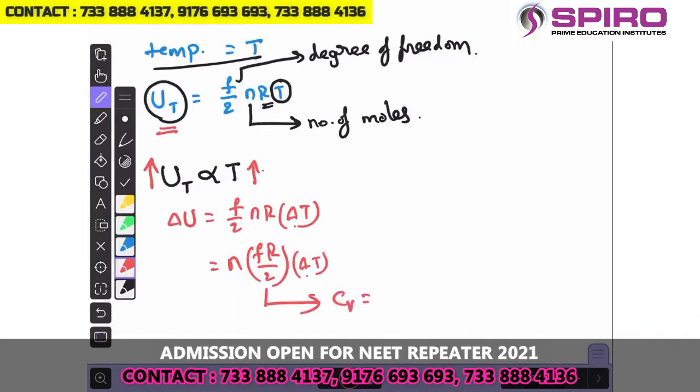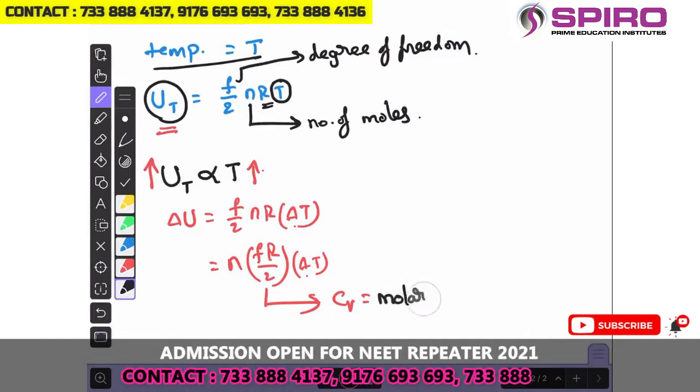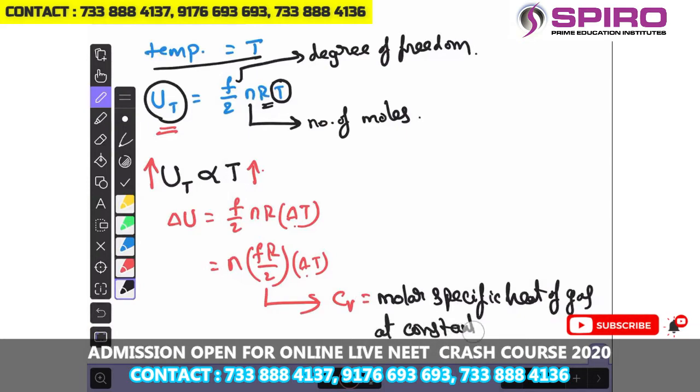CV means the molar specific heat of the gas at constant volume. It is a very important parameter of the thermodynamics chapter.